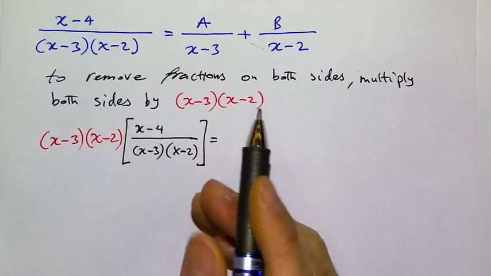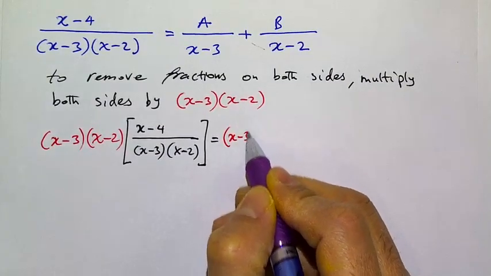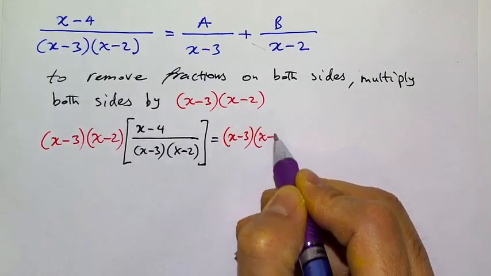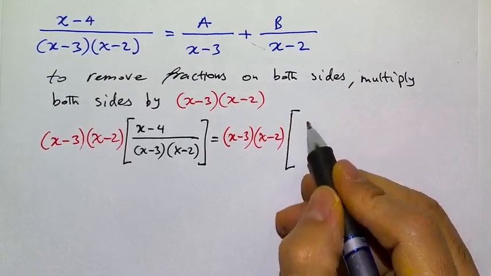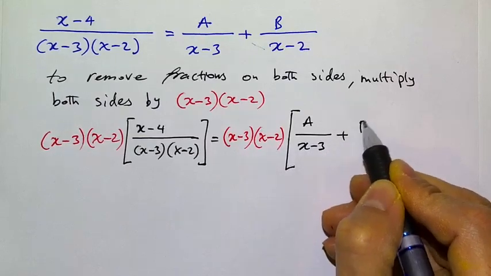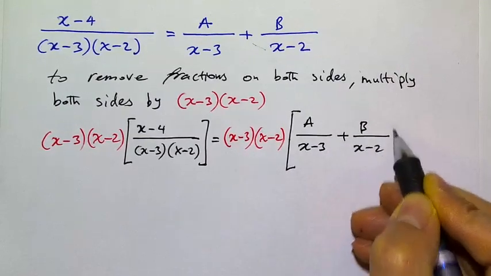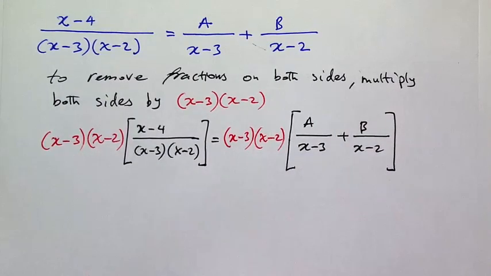We've discussed this before, guys, so I expect you to remember that. So let us multiply the same thing on the right side. So multiply that by A over x minus 3 plus B over x minus 2. Now we've multiplied both sides by the same thing.